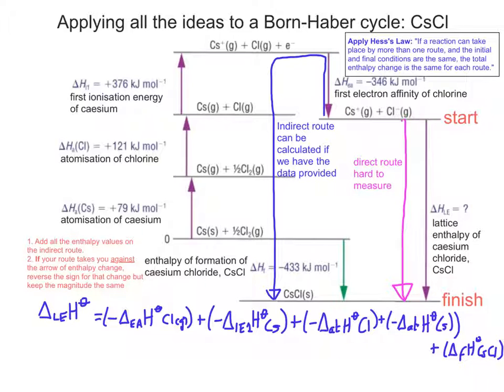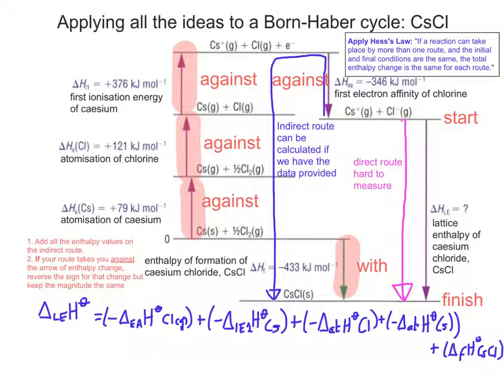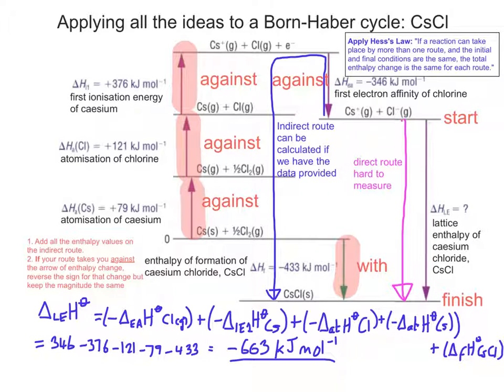If the route takes me against the arrow of the enthalpy change, like I've now annotated, what you have to do is reverse the sign. So I'm going to now put these numbers in for you. That gives me minus 663 kilojoules per mole to the minus 1. So that's one way of doing it.